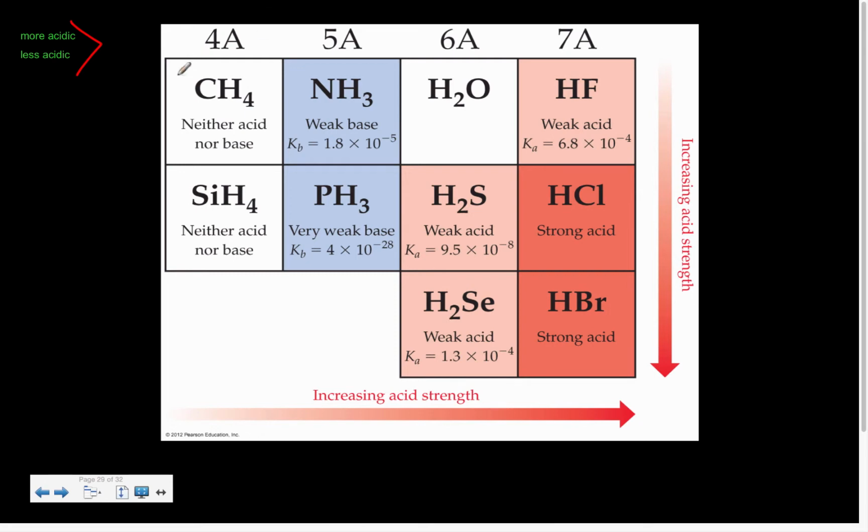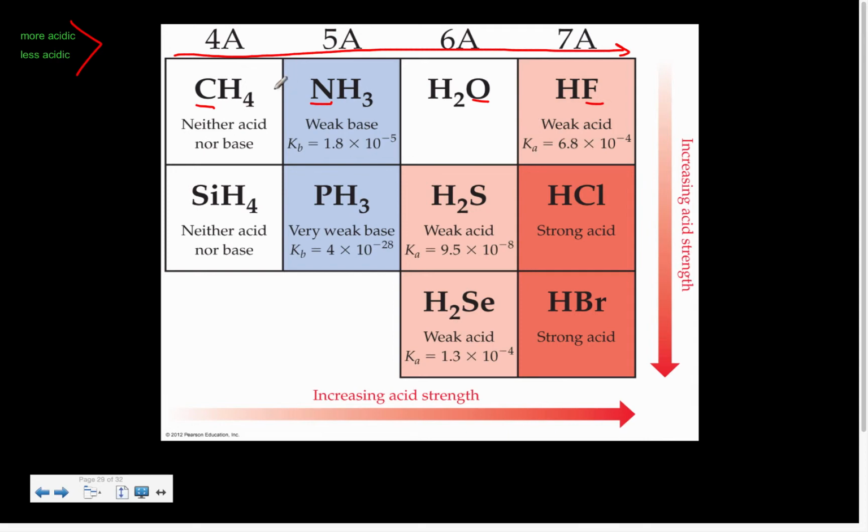So if we think about going across a period, obviously we are excluding the hydrogens, we're just talking about the elements. As I go from carbon to nitrogen to oxygen to fluorine across a period, what do I know? Some of my periodic trends, especially in light of the fact that we're talking about being bonded to something else.